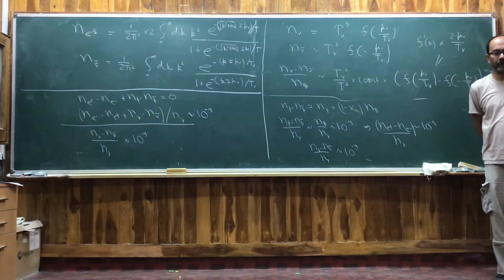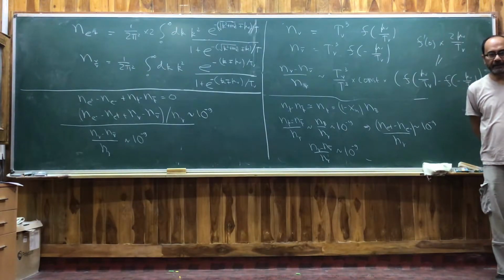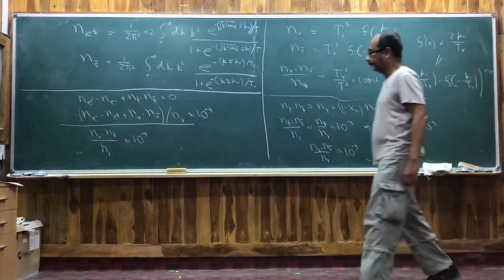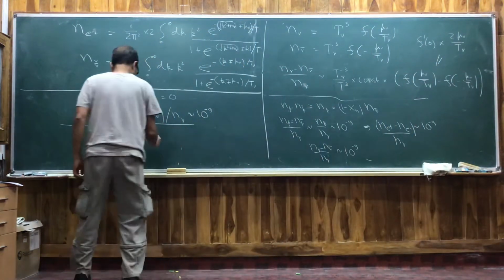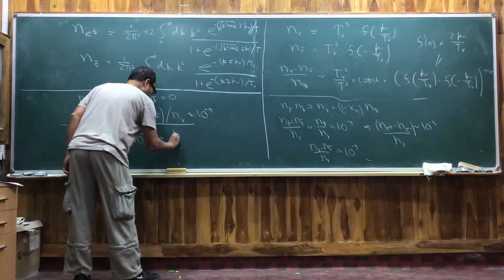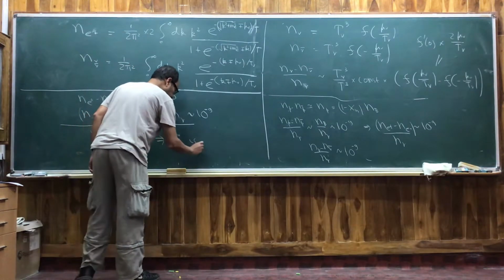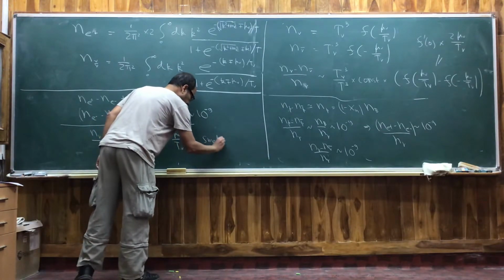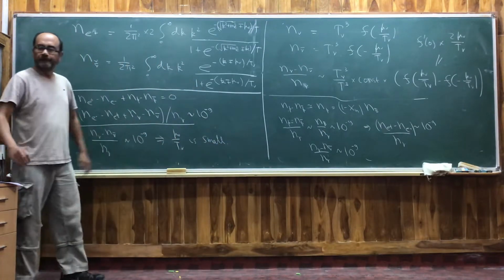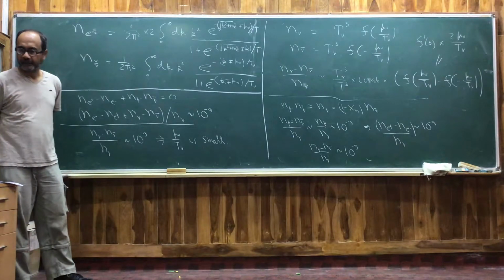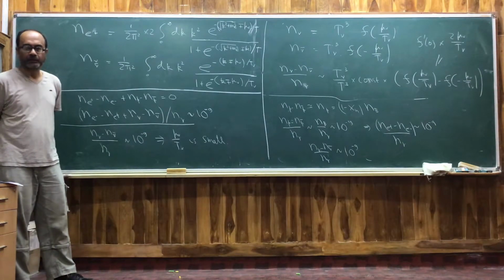So mu nu over t nu becomes of order 10 to the minus 9, something like that. Is that clear? This implies that mu nu over t nu is small, and you can set it equal to 0 for all practical purposes. Unless you want accuracy to 1 in 10 to the 9, you can set mu nu over t nu to 0.